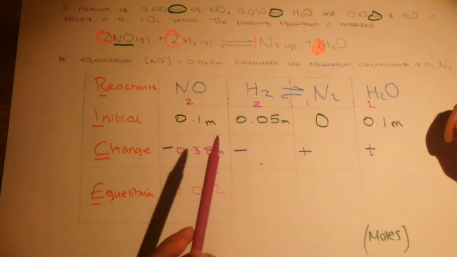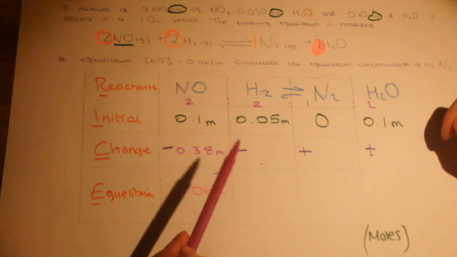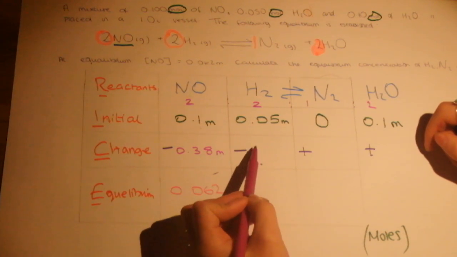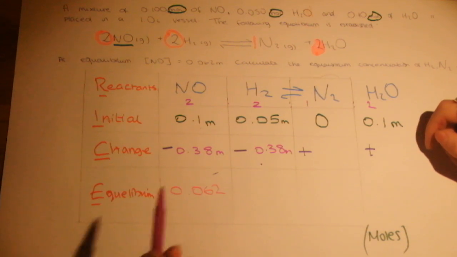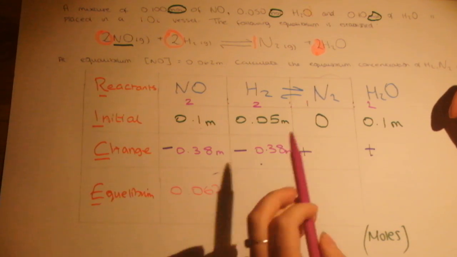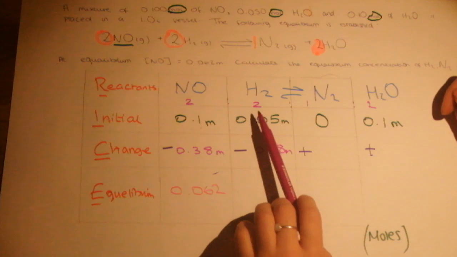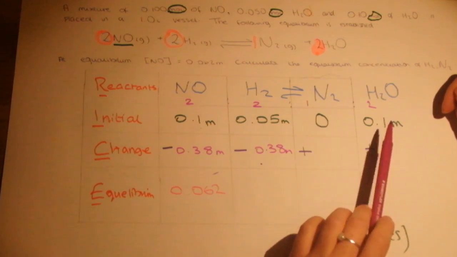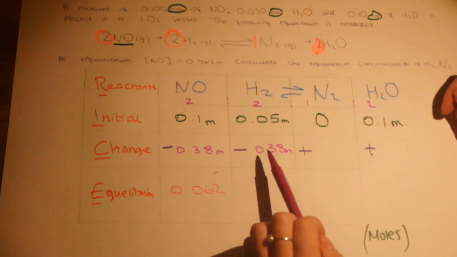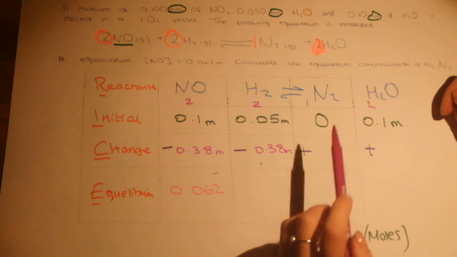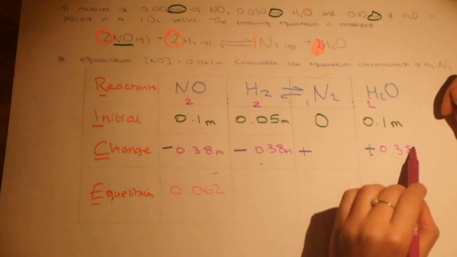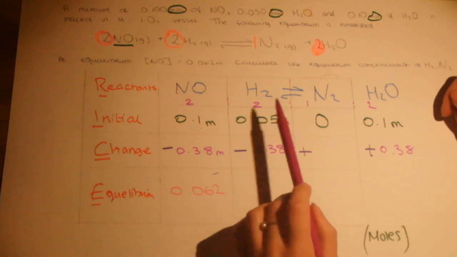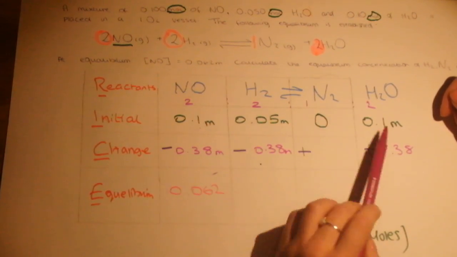So H2 is going to decrease by 0.038 moles. We know that because it's going to be the same molar ratio. We also know that because it's 2, water is going to increase by the same amount. So it's going to be 0.038, but instead of being negative, we know it's going to be plus 0.038. And here, so we see 2, 2, 2, so it's all the same.